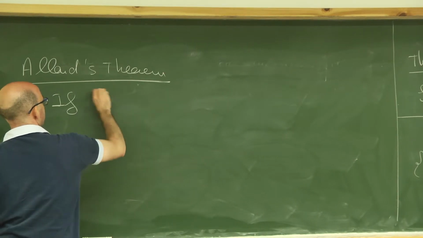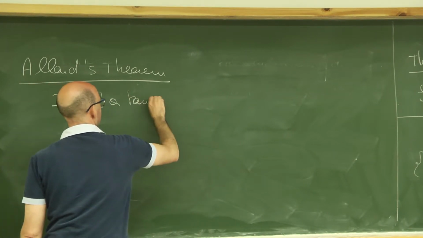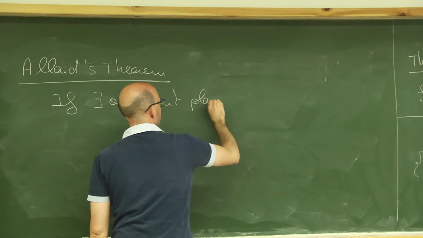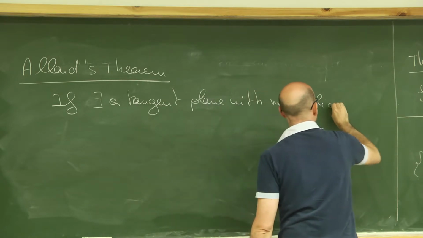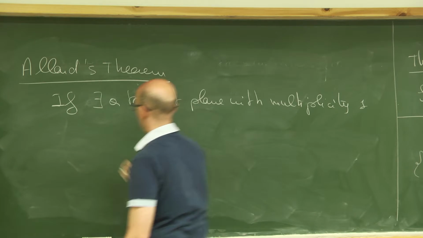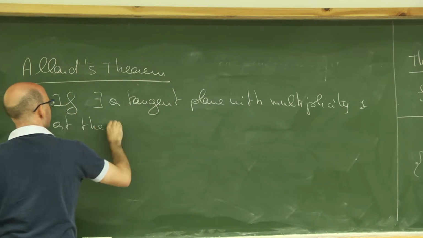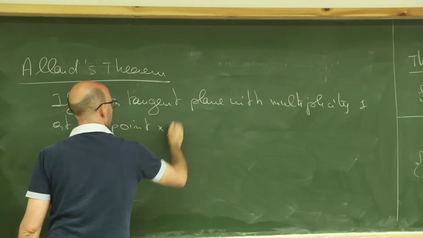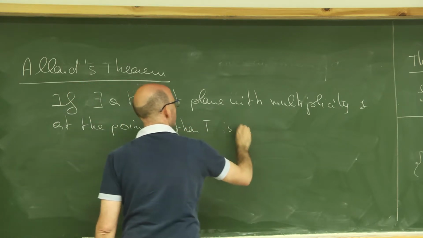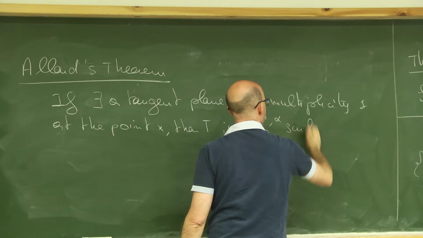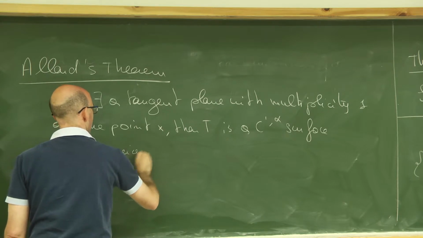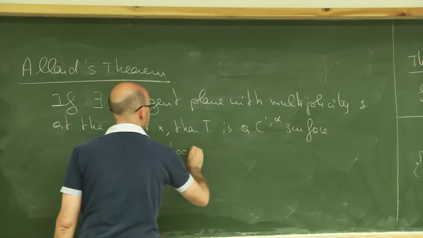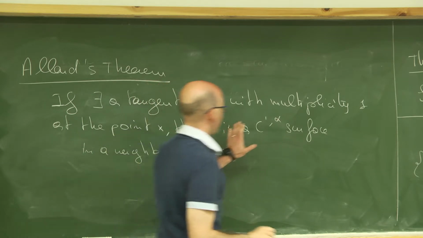So if there exists a tangent plane with multiplicity 1 at the point x, then T is a C^{1,alpha} surface in a neighborhood of x. Now, why am I just saying C^{1,alpha}?